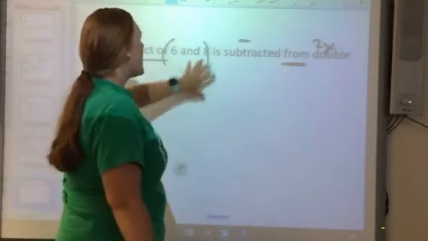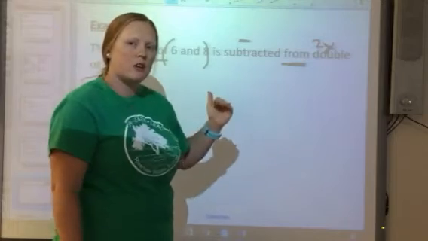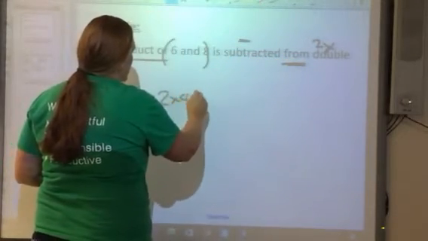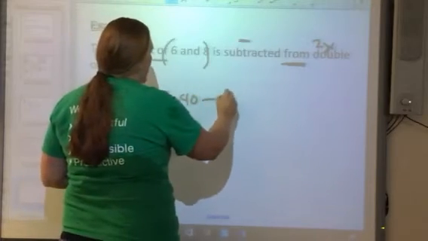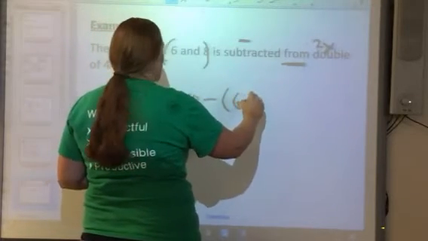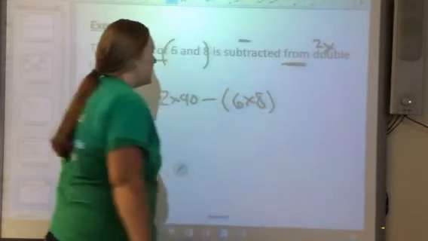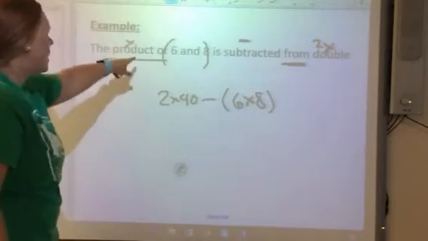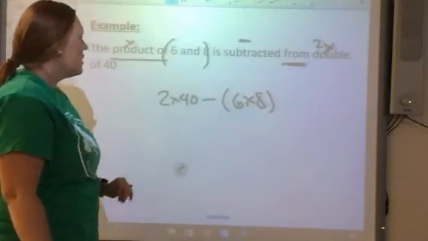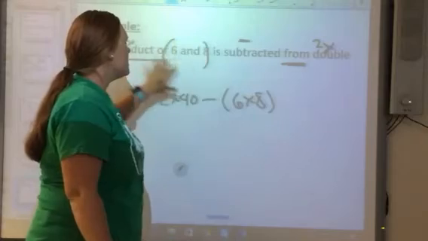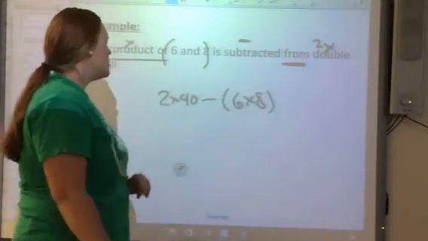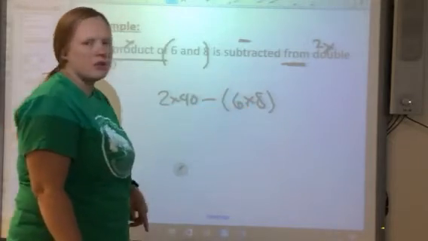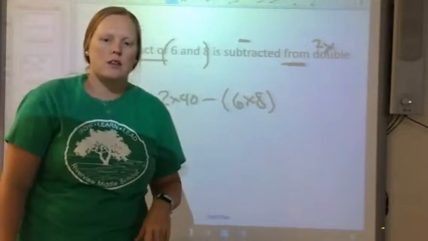"From" means that this has got to be at the end, even though it's read first. So I take my 2 times 40 and then subtract 6 times 8. Product is multiplied, "of" tells me parentheses, "subtracted from" means this has got to be less, double means 2. So 2 times 40 minus, in parentheses, 6 times 8. Take a minute to write that down, please.